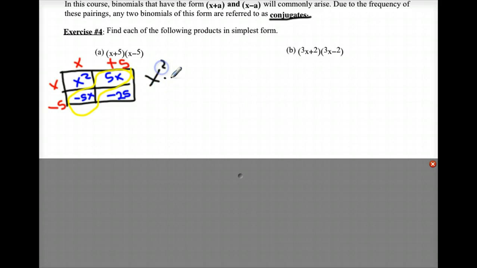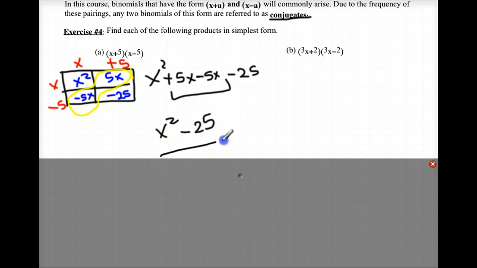So I'm just going to write that back so you can see it, and then eventually I'm going to stop writing it. This is a minus, so this becomes x squared. 5 minus 5 I know is 0, so I don't write that. So this becomes x squared minus 25. This is known as a difference of squares. We'll talk about this later on in the unit.